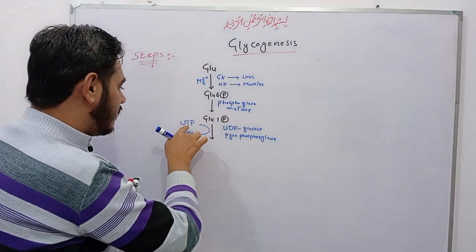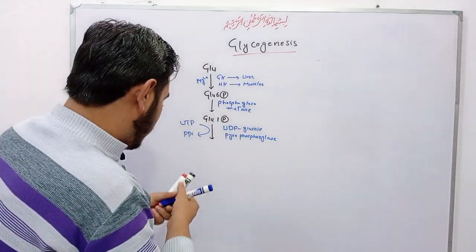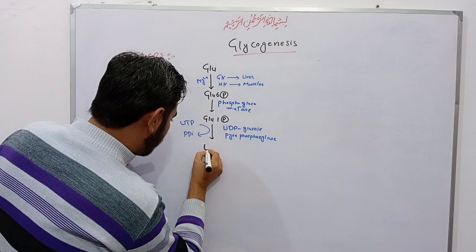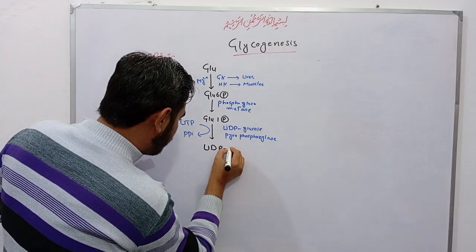One phosphate from here and one phosphate from here are released together in the form of pyrophosphate, and there is a formation of UDP glucose.